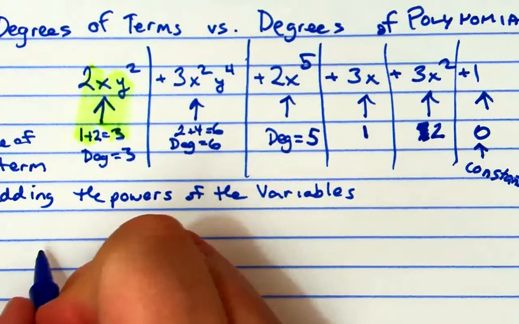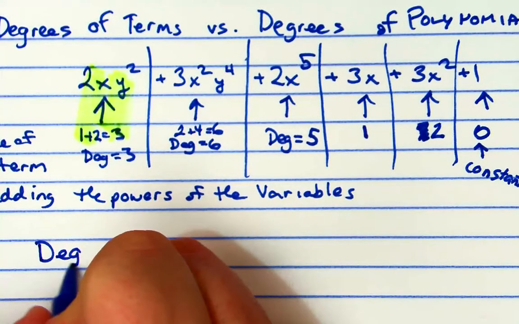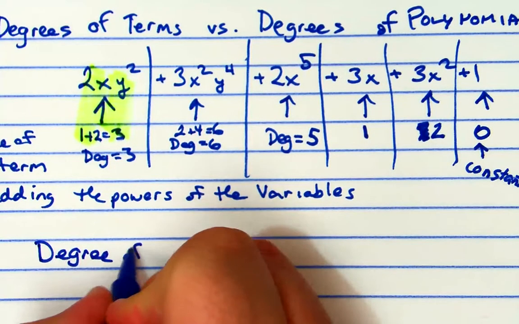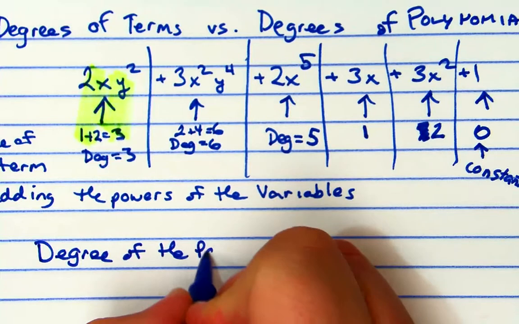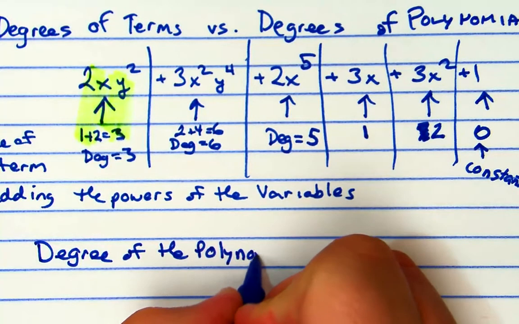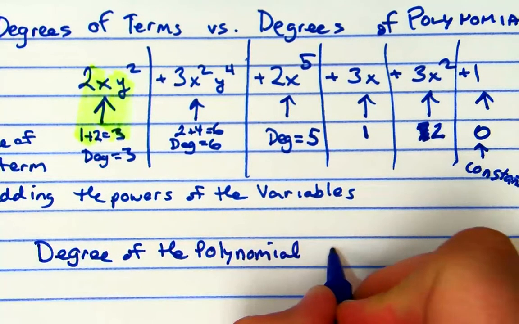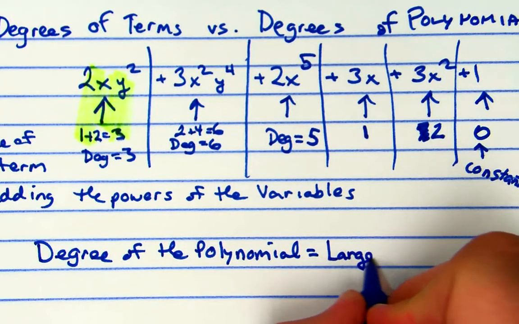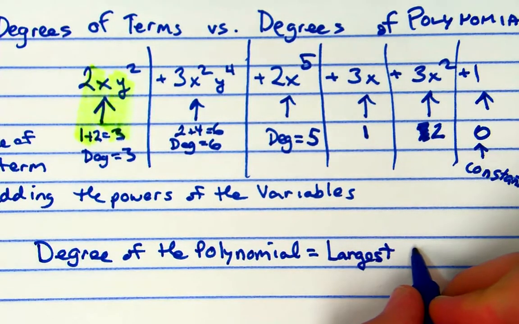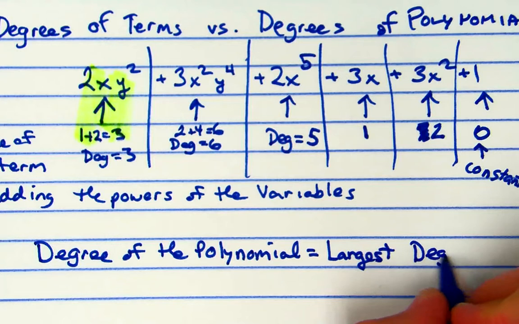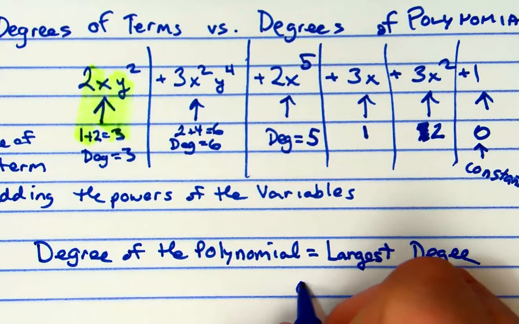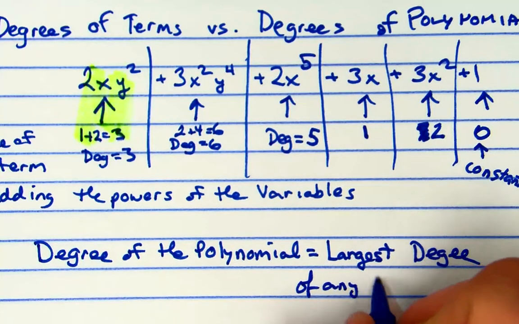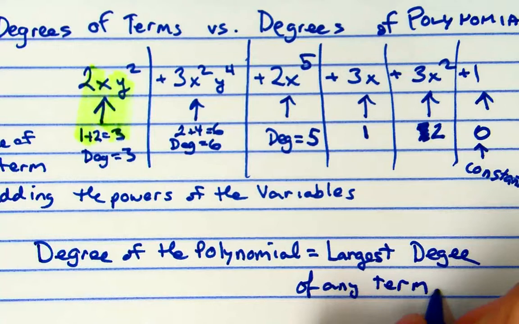Now, what's different is if I ask you for the degree of the polynomial, this is going to be equal to the largest degree of any term in the polynomial.